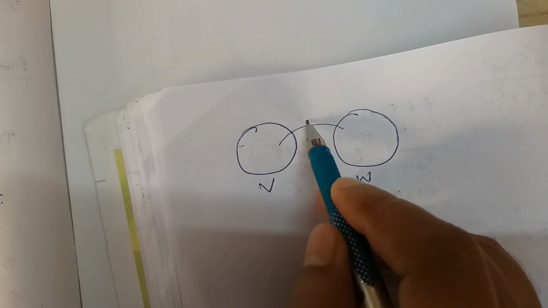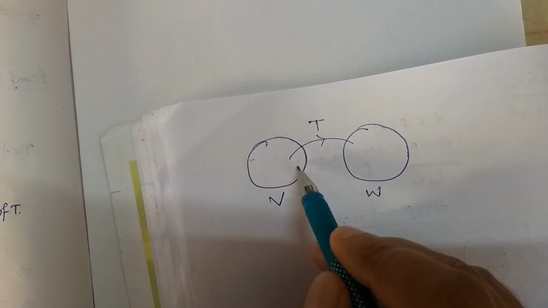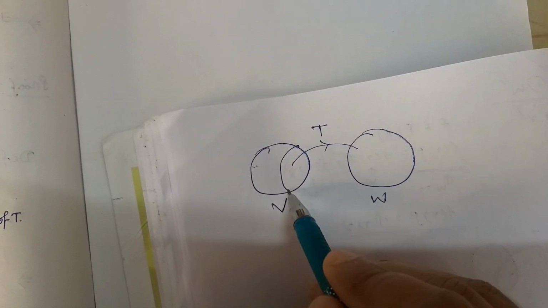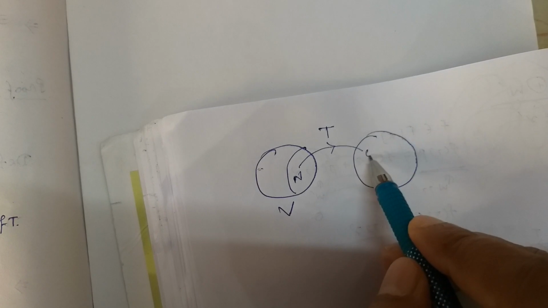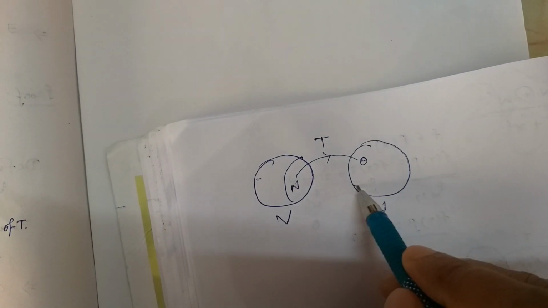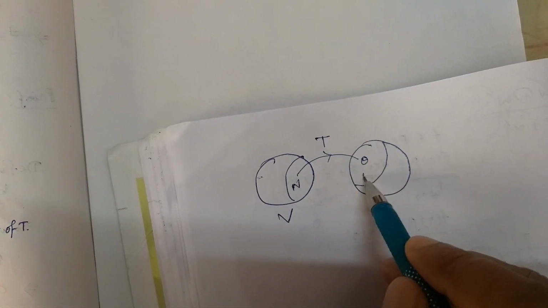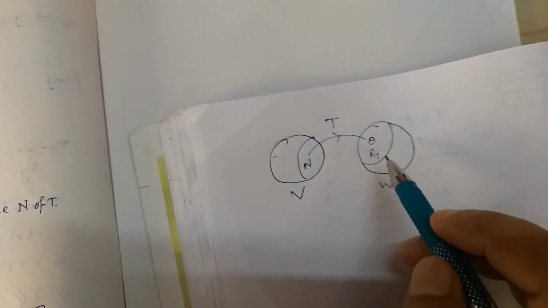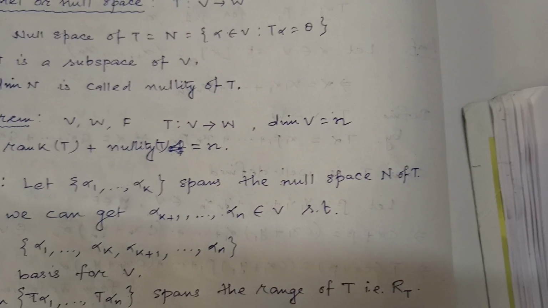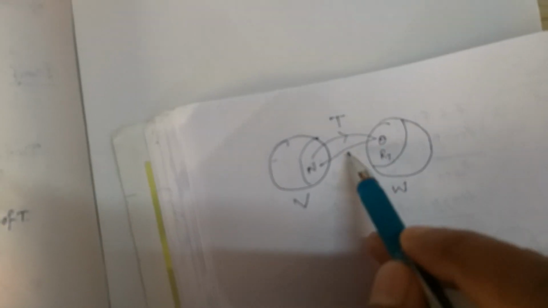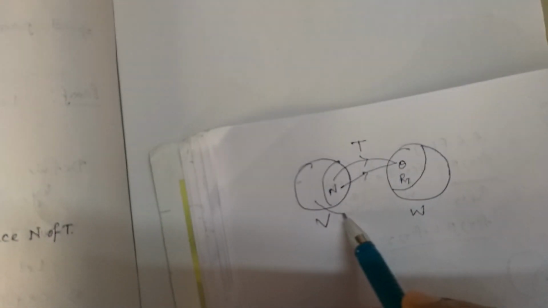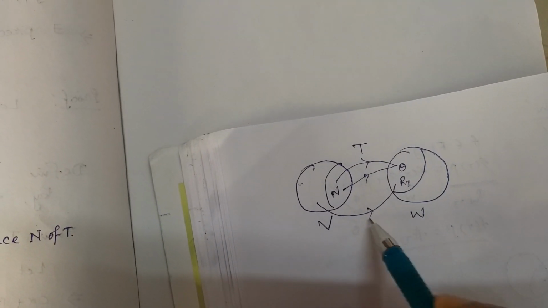We have this transformation T. Suppose this portion is N, so all its elements go to theta, and suppose this portion is our R(T), the total image. So definitely these elements go to the image, but these elements also go to theta.